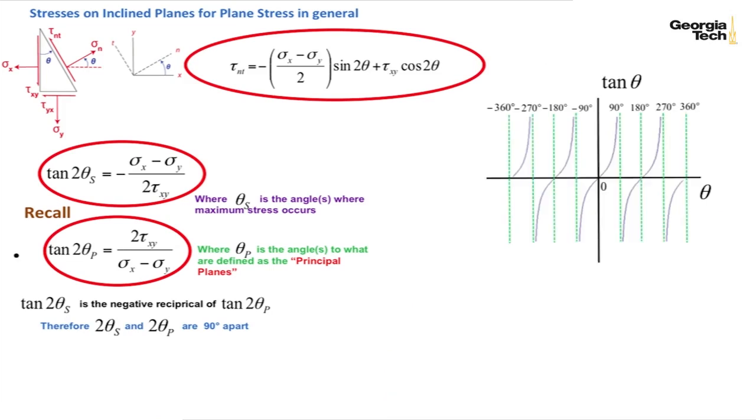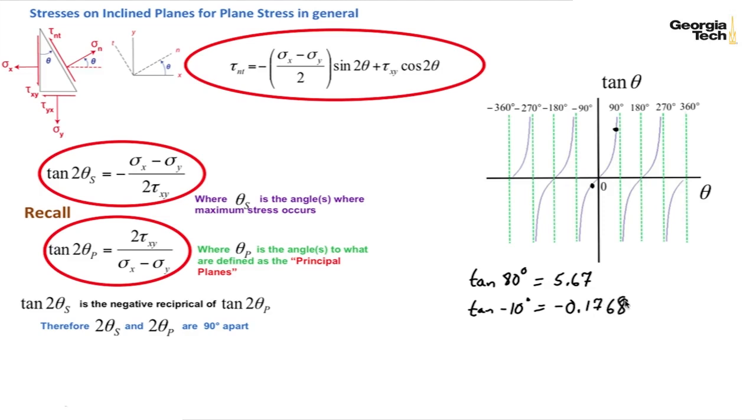And just to show that, I've drawn the tangent function here. If I take just a quick example, let's say we have tangent of 80 degrees. If you look at tangent of 80 degrees, that ends up equaling 5.67. And then if I take the tangent of minus 10 degrees, that ends up being minus 0.1768.